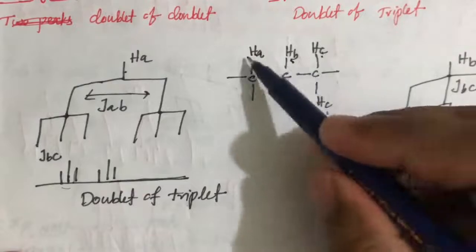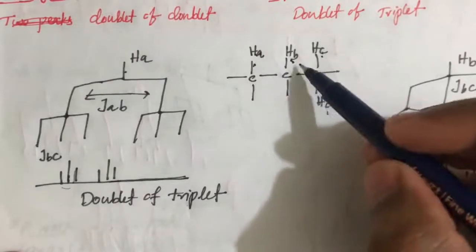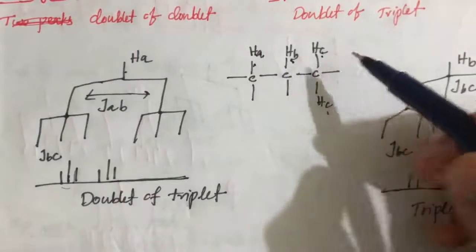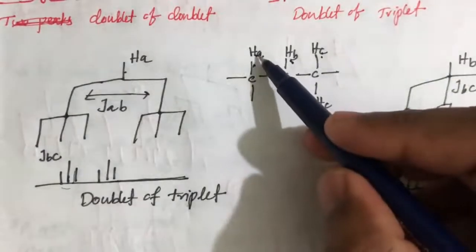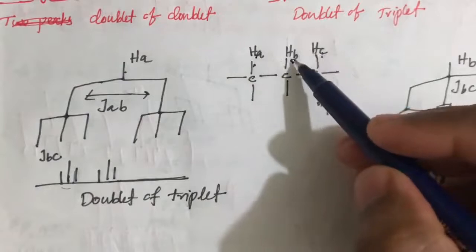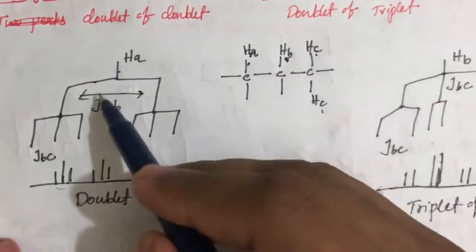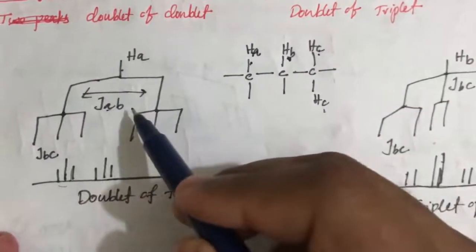We know that as bond distance increases, coupling also decreases. So clearly first HA is coupled with HB, that is JAB.